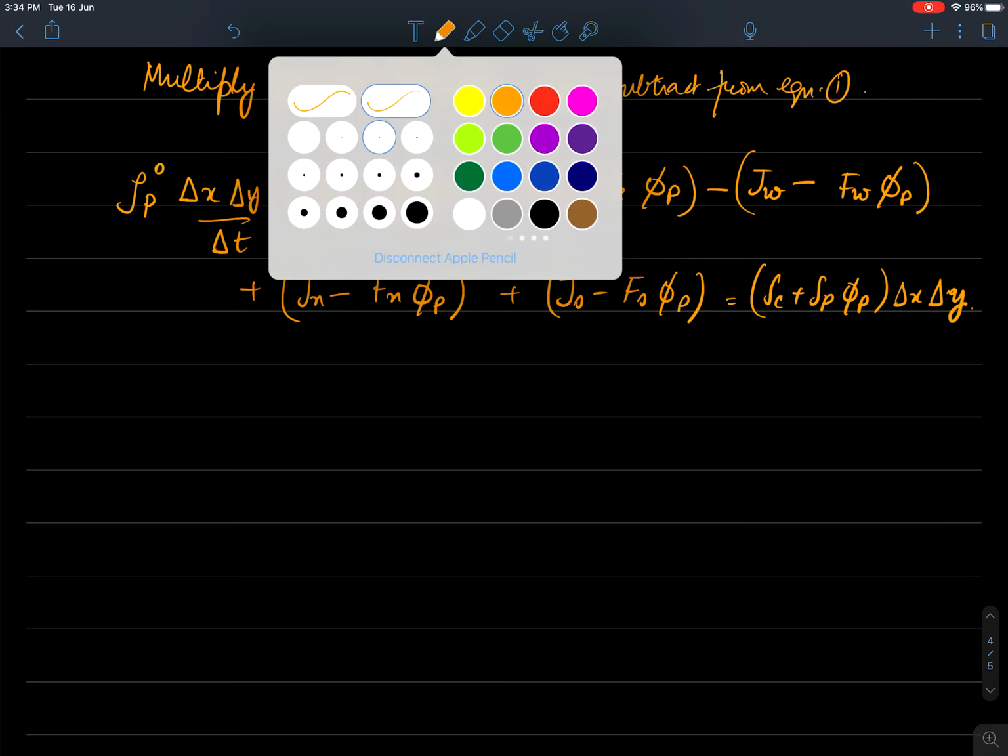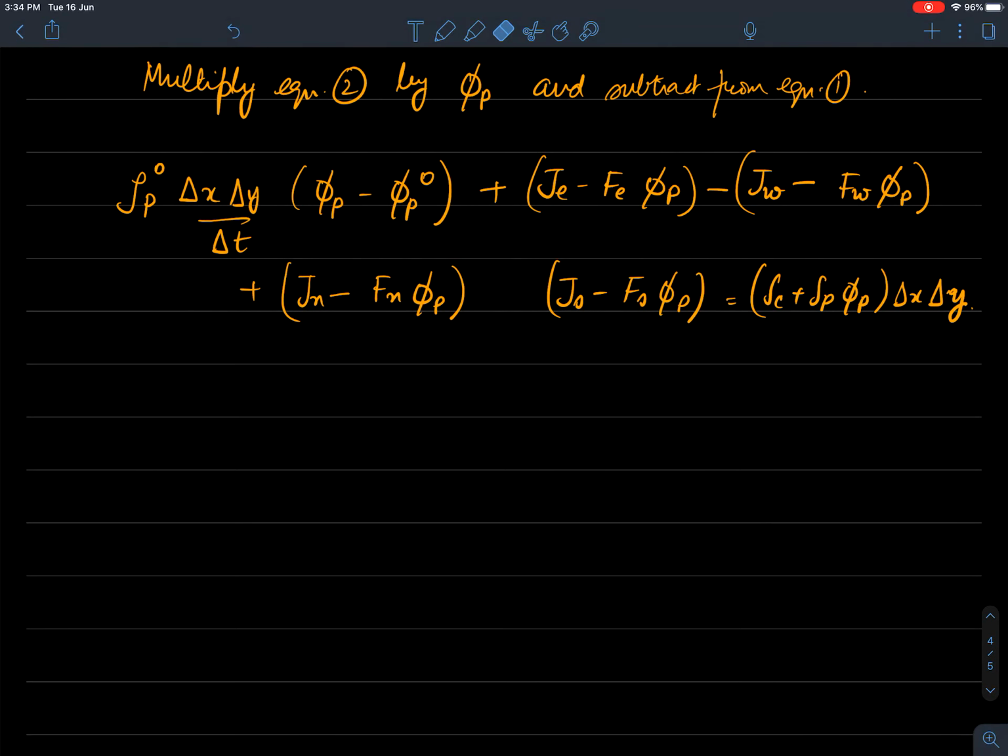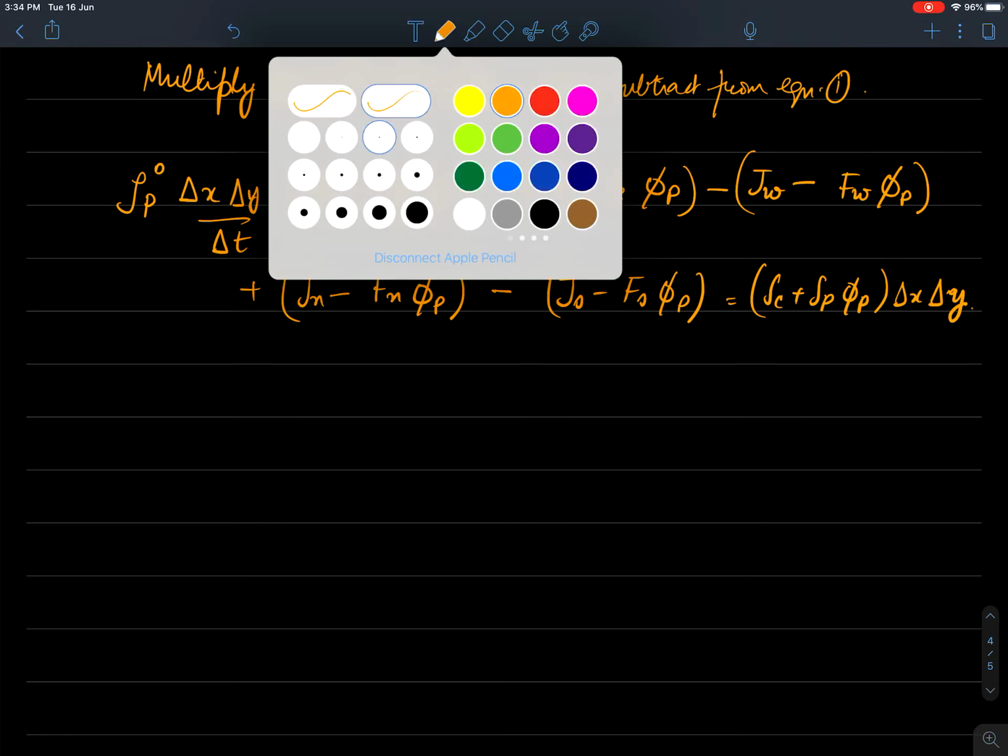I just noticed an error here. This is minus Js minus Fs phi p.